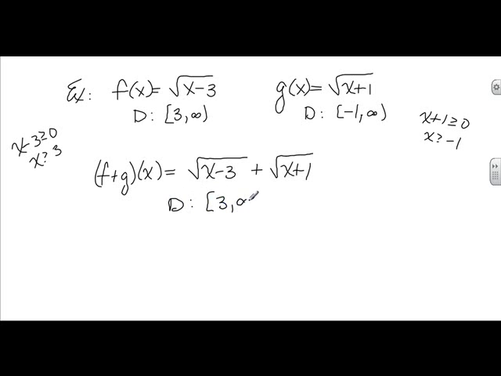So you've got to consider the domain for the individual functions first, and then take the most restrictive domain. So kind of the way I'm thinking about this, I got -1 and 3. This first domain, 3 to infinity, and the second domain, -1 to infinity.